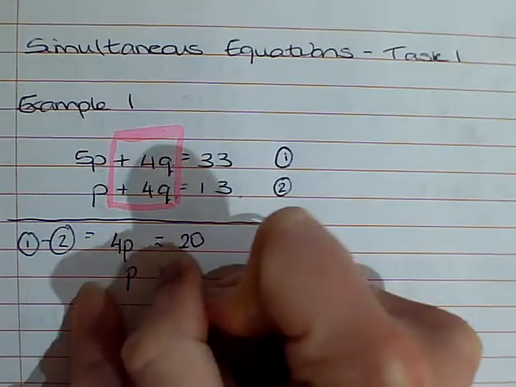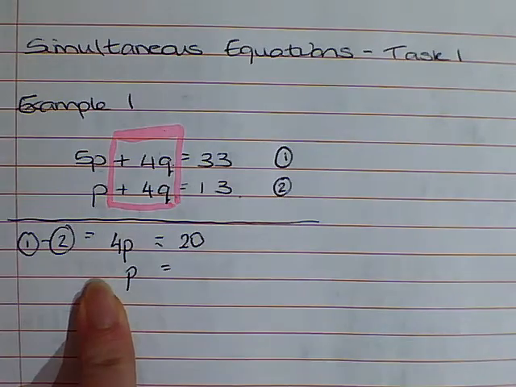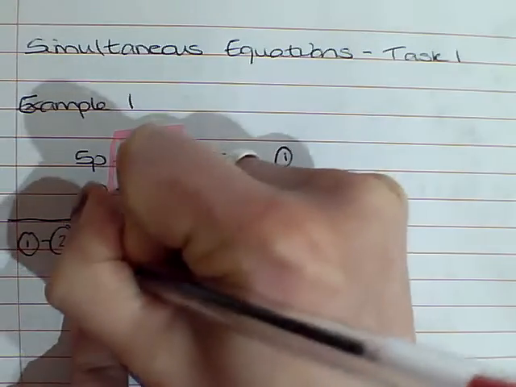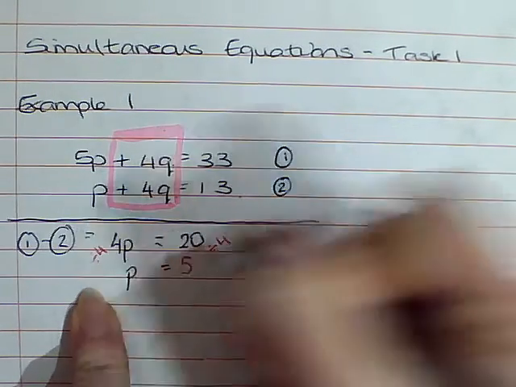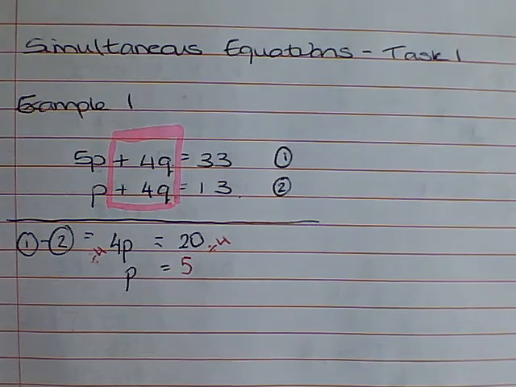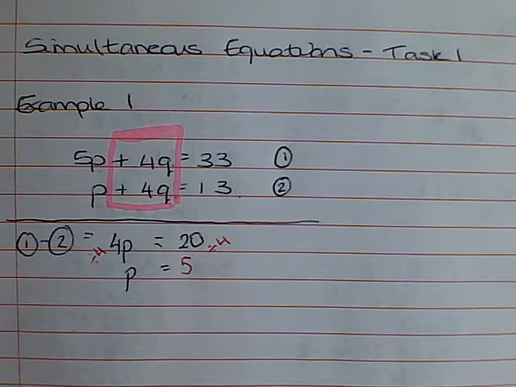I can get p by itself because that means 4 times something is 20. So I can divide both sides by 4 and that means p is 5. So I've now solved the value of p, but I need to get the value of q.